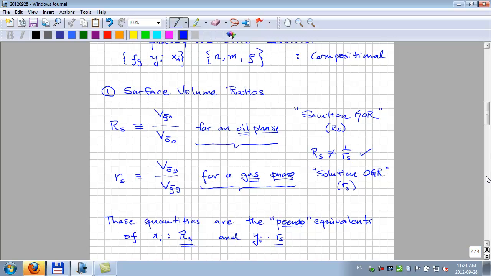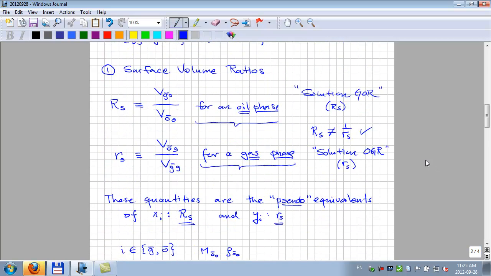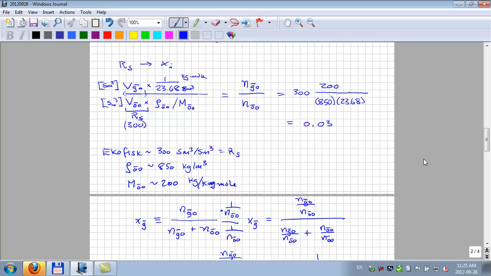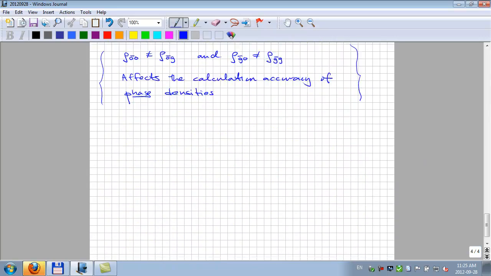You can be happy it's not saturated in the room here, because we'd be sweating, right? So this is the first two terms, and effectively these are compositional descriptions of the two phases.